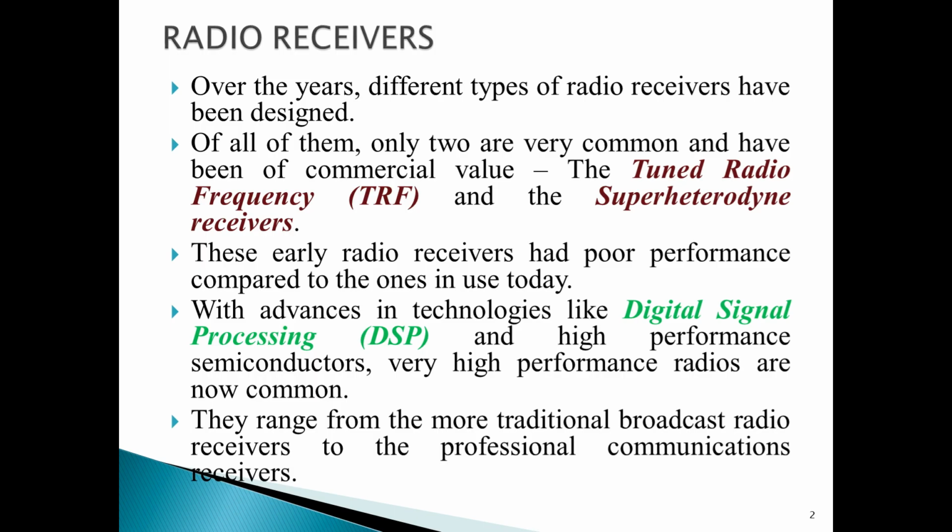With advances in technologies like digital signal processing (DSP) and high performance semiconductors, very high performance radios are now common. They range from the more traditional broadcast radio receivers to the professional communications receivers.